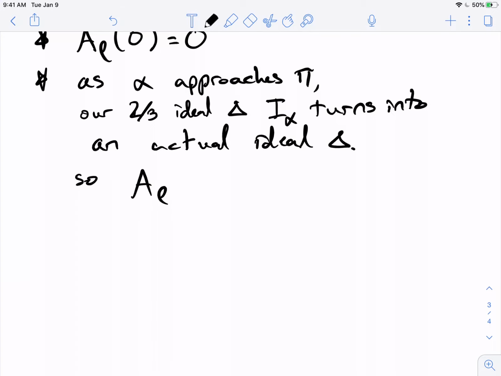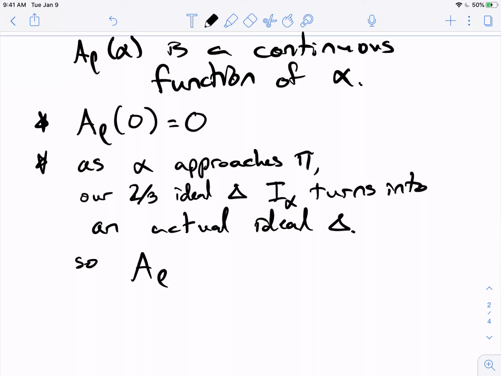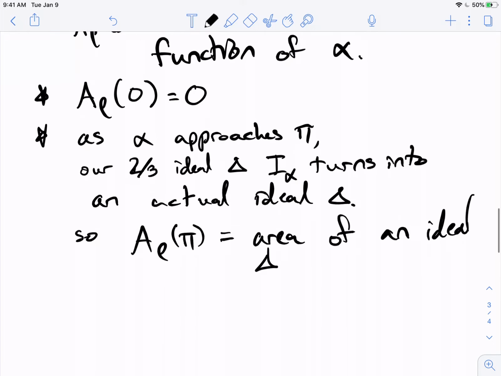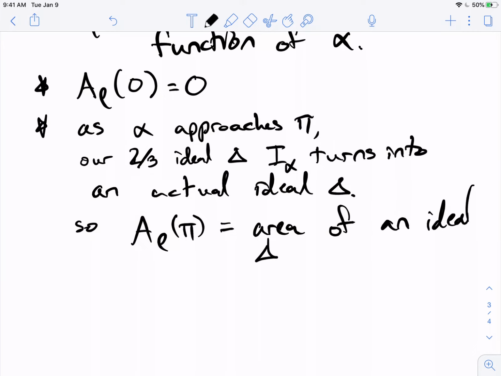And so what that means, since A rho of alpha is a continuous function of alpha, as alpha approaches pi, this area at pi, so A rho of pi, has to equal the area of an ideal triangle, because that's what this 2/3 ideal triangle ends up looking like as alpha goes to pi.